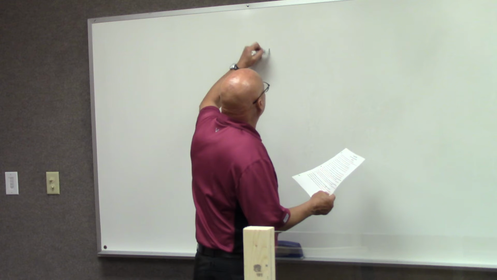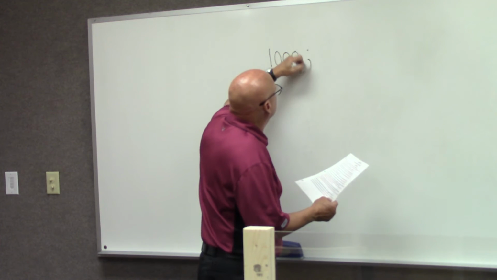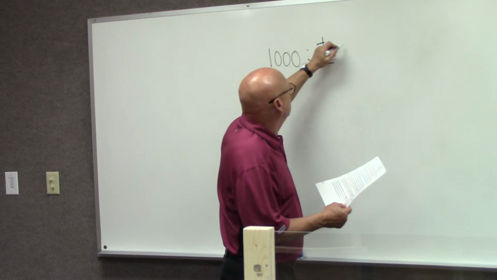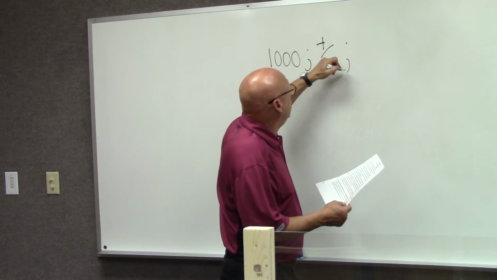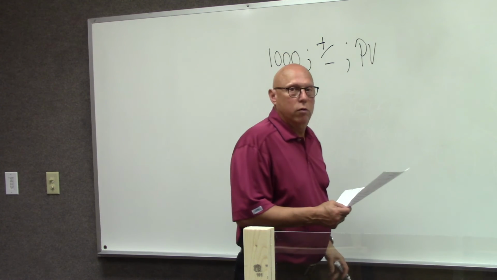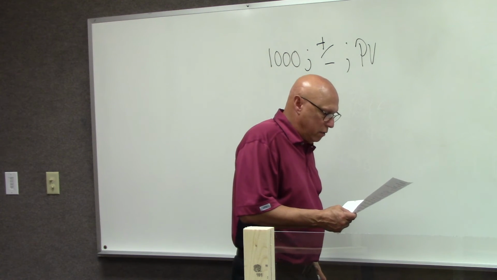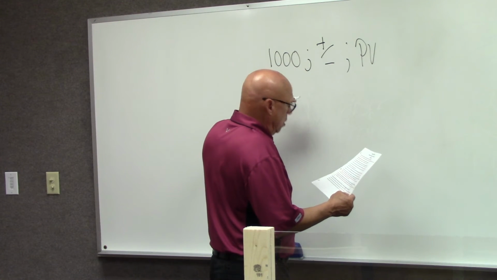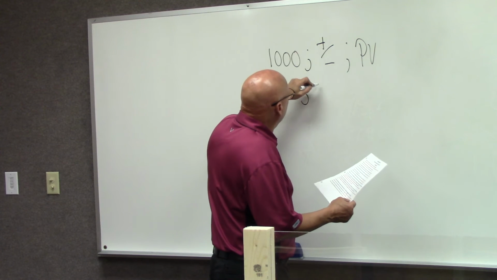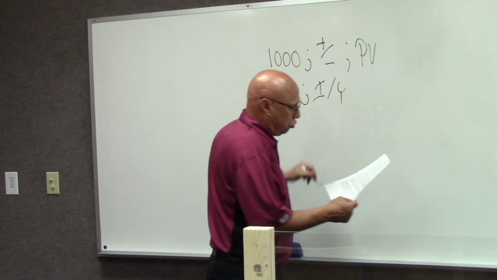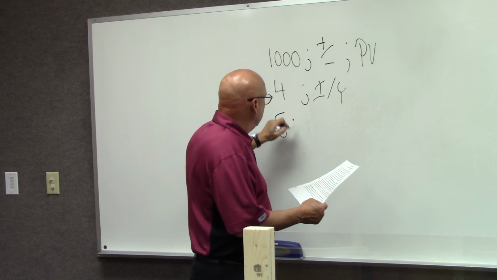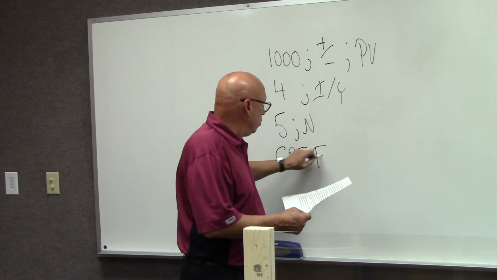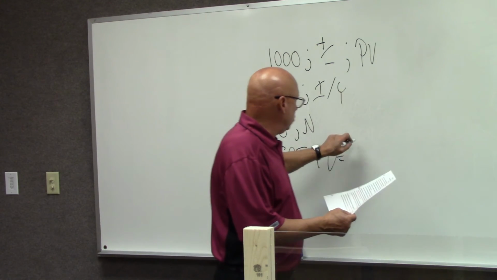So, 1,000, hit your plus minus key so it's a negative sign. That is your present value, your outflow. $1,000 out of your pocket into an investment. 4 is your IY, your annual interest rate. 5 is your N, and compute future value.